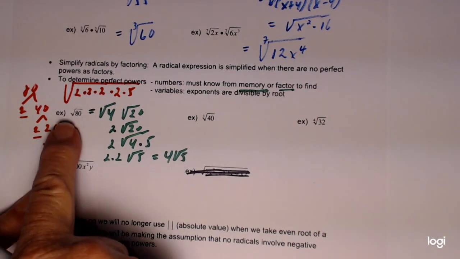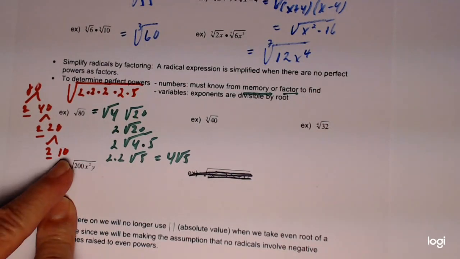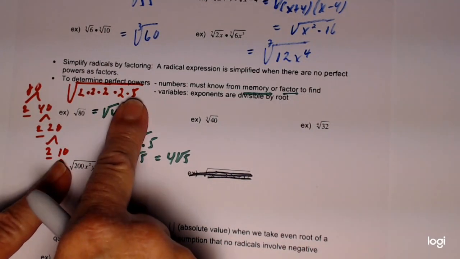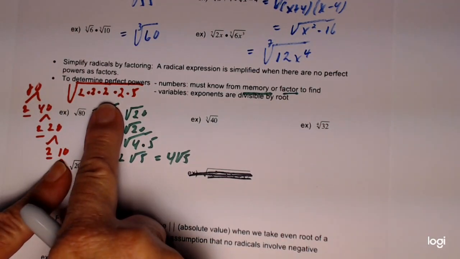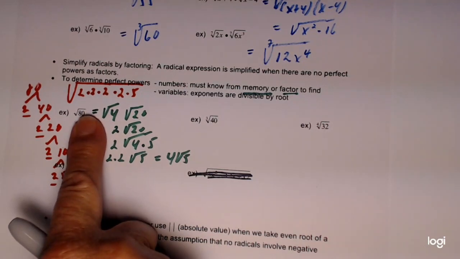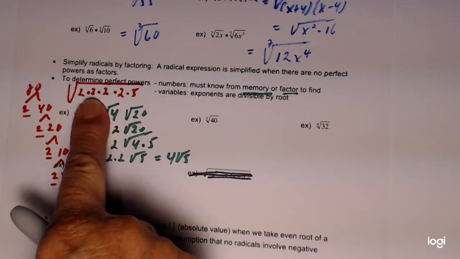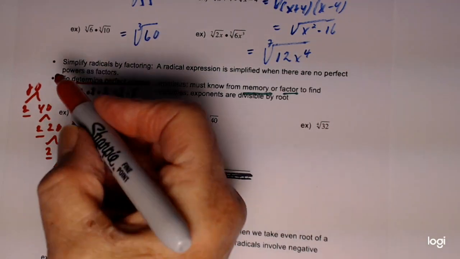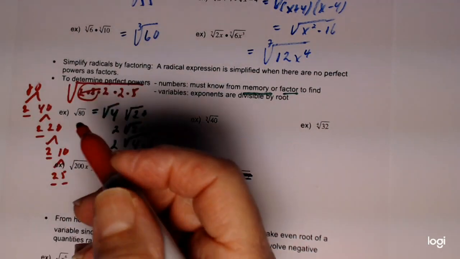So we take the number under the radical, we factor it into its primes, and now we replace the number under the radical with its primes. The rule is, in order to pull a number out, you need to have a certain number. For square roots, that number is 2. So you need 2 factors inside that match to pull one out. So I'm seeing two 2s there. I'm going to cross that out.